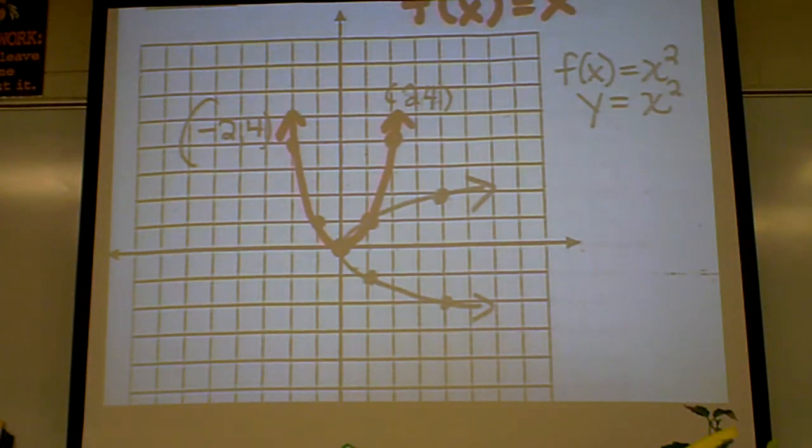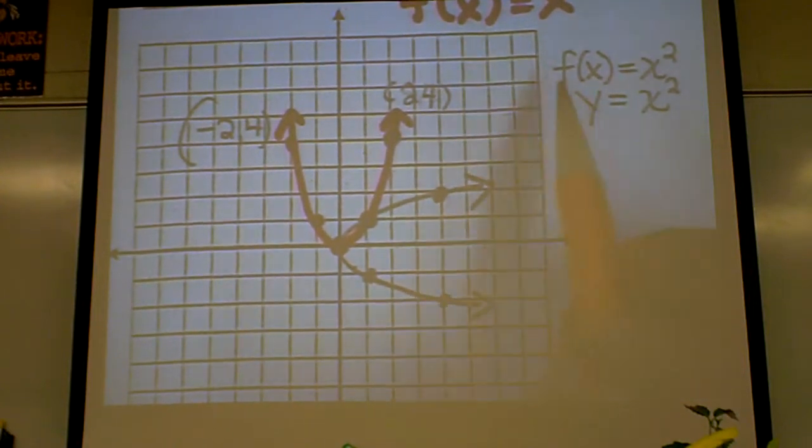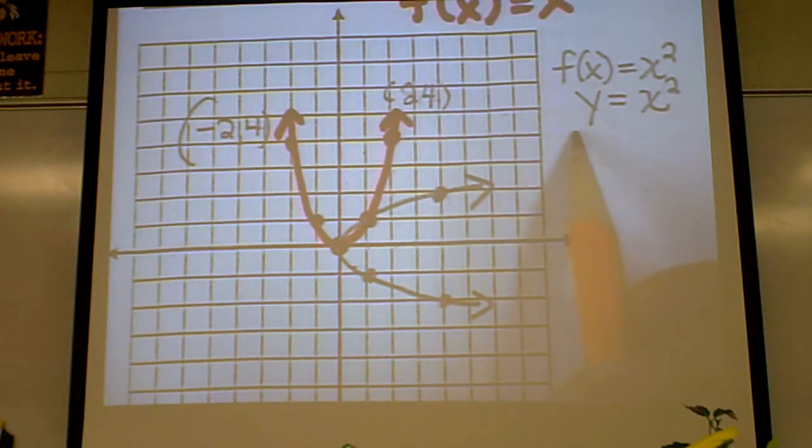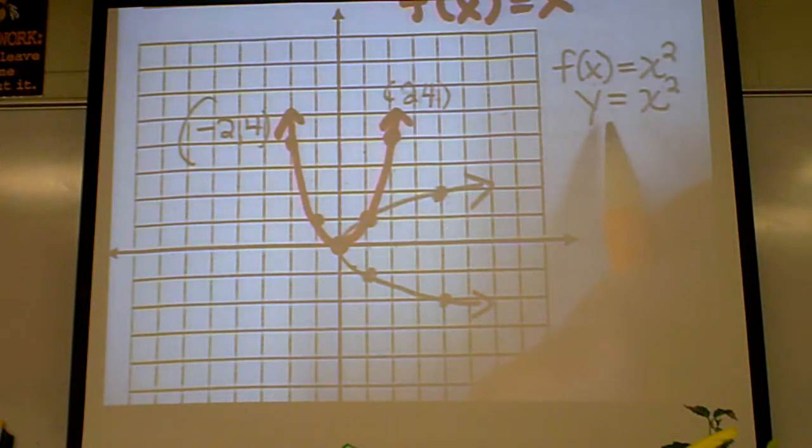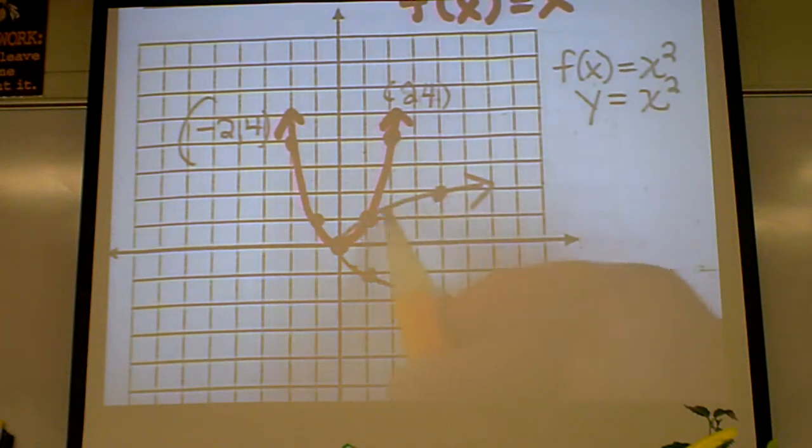Is the inverse a function? No. So on some of these problems, you cannot use this fancy f when you do the inverse. Okay? How would you rewrite this equation? How would you write the inverse of this?